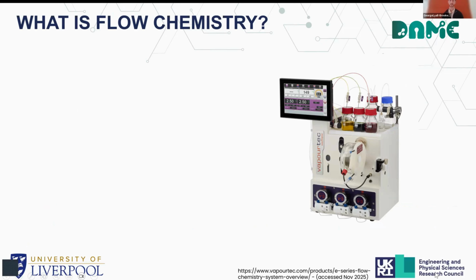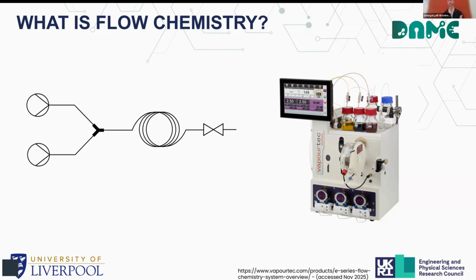This is the E-series flow reactor from Vapourtec that all of the work that I will talk about today was conducted on. Unlike in batch chemistry, where everything is typically done in a glass round bottom flask, the reaction itself happens in tubes here in the reactor.